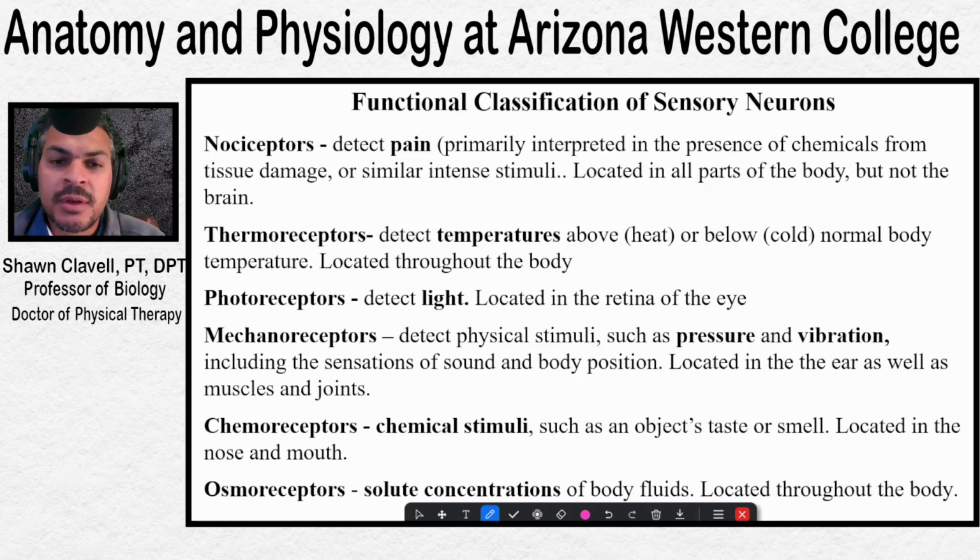In the latter portion of this chapter, we'll talk a little bit specifically about the sensory systems of taste and smell, as well as hearing and balance. And we'll continue this here in further discussions.